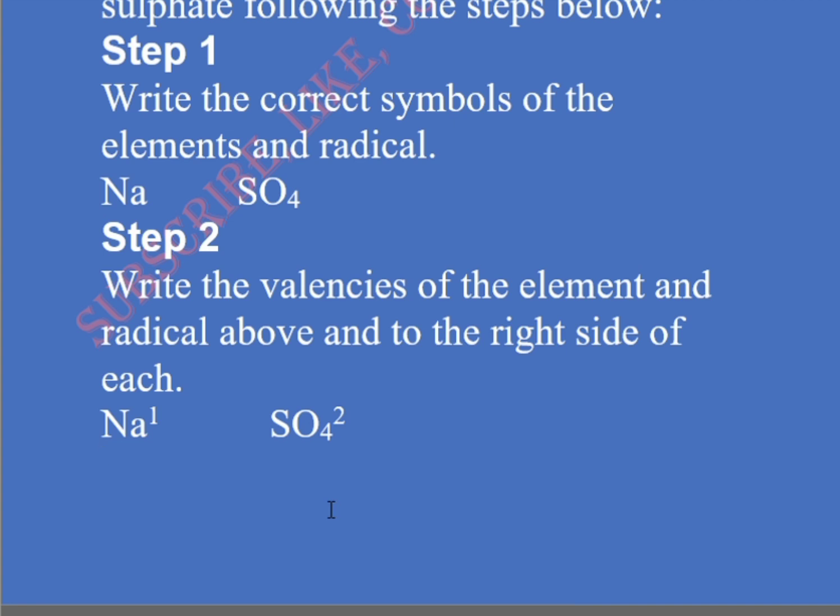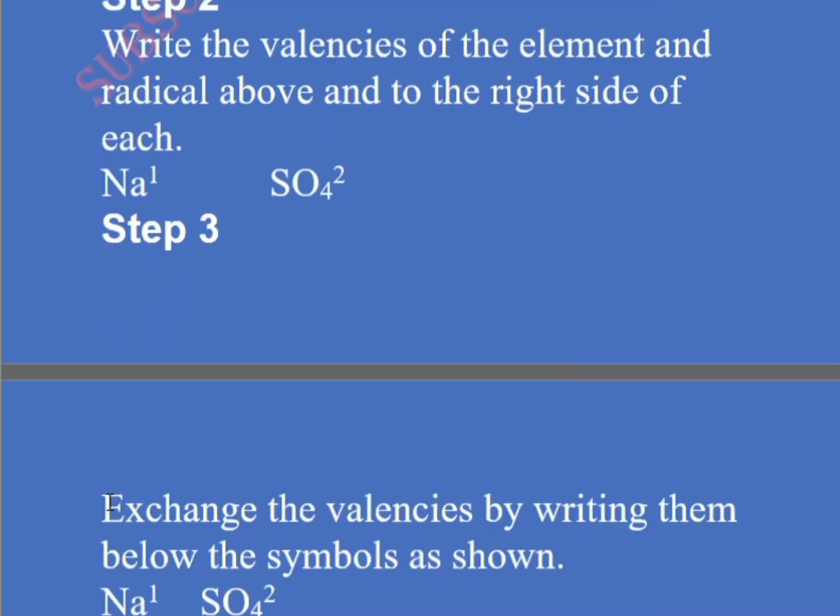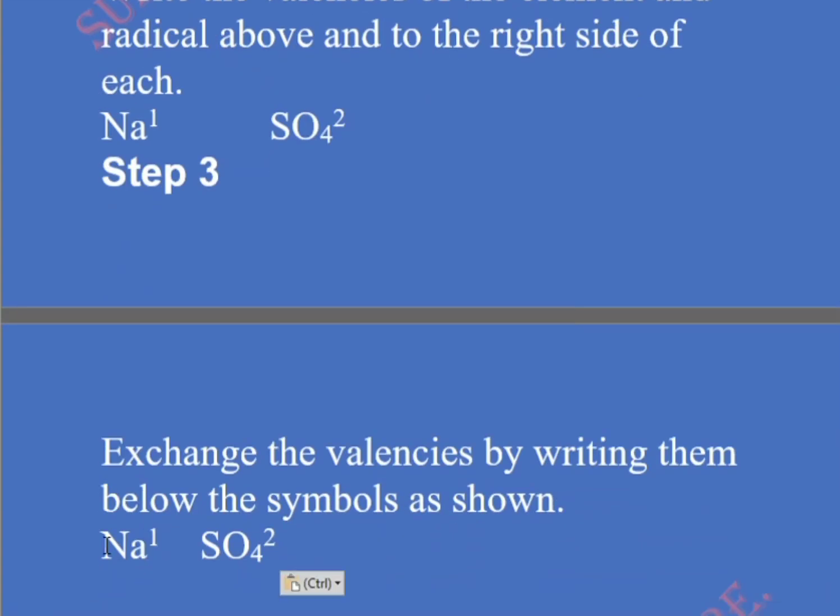Now let's look at step 3: exchange the valencies by writing them below the symbol. The values that we have on top, we now write as subscripts.